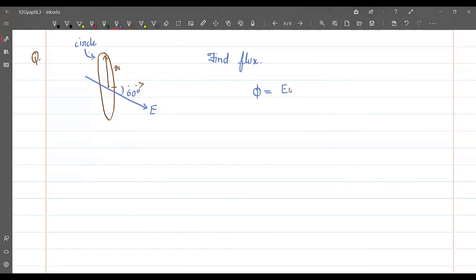But see, they are making an angle of 60 degrees, na? Then it will be E pi r square into cos 60. What's the value of cos 60? Root 3 by 2. No, that's not the answer. You have to revise trigonometry. Cos 60 is 1 by 2. So the answer will be E pi r square by 2.